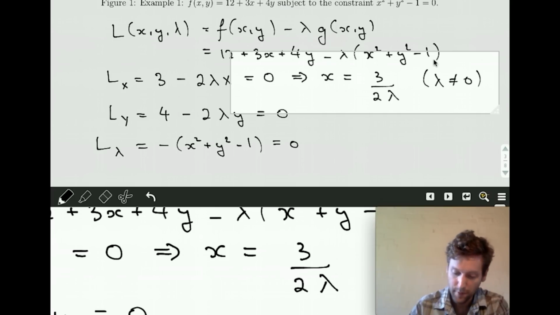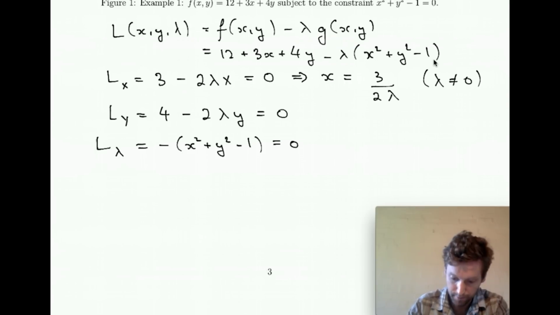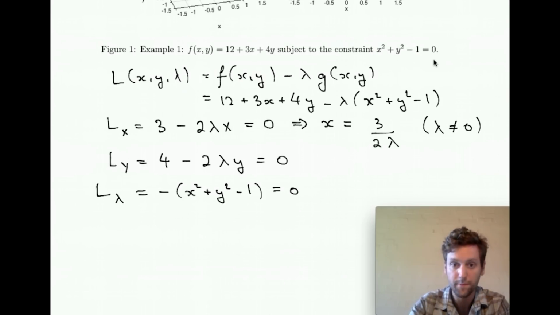And the reason for that, you can see it by looking back at our Lagrangian function, L of x and y and lambda. So you see that if I set lambda equal to 0 in this expression, what happens is that L of x and y is equal to f of x and y. That's our original function, f of x and y.